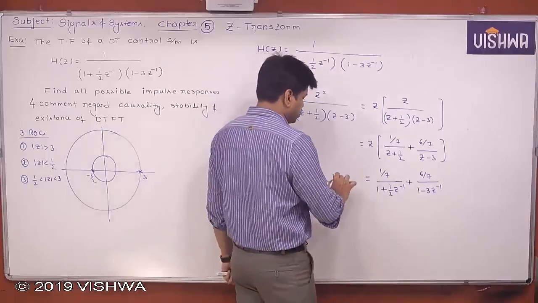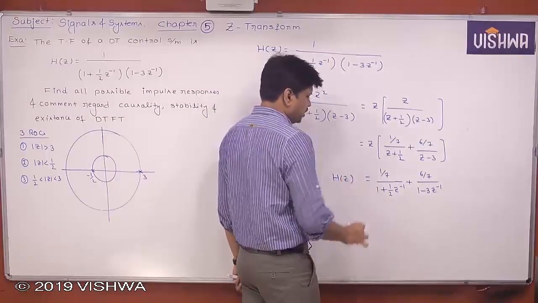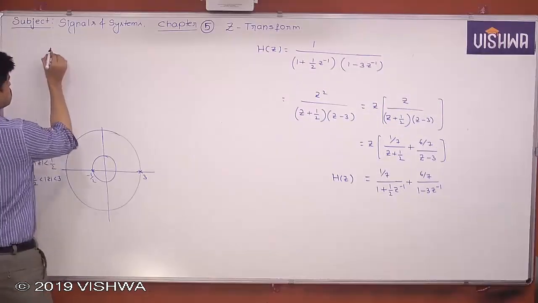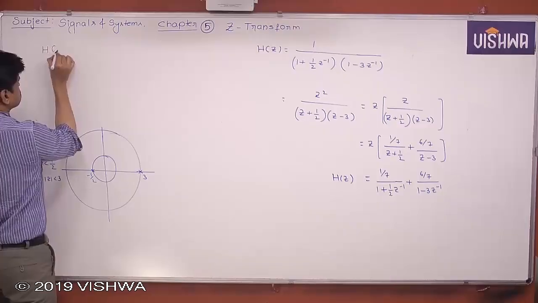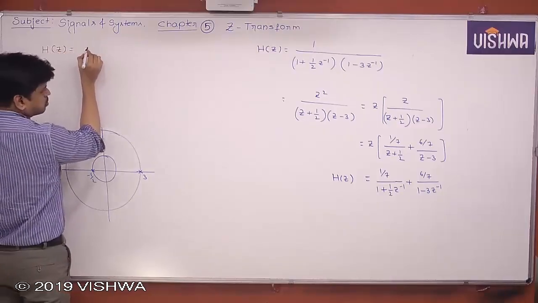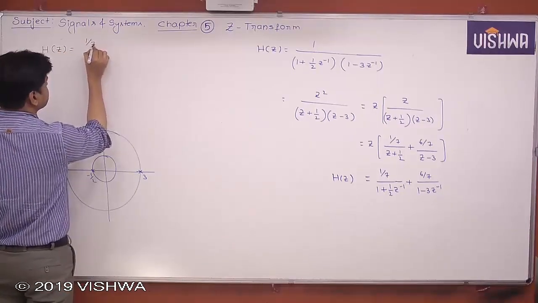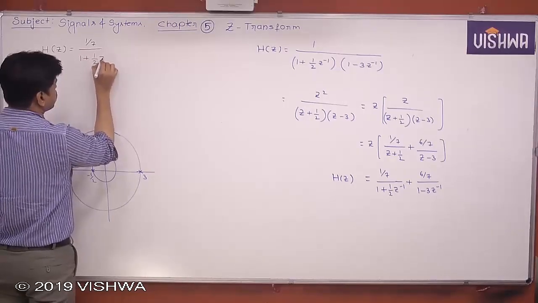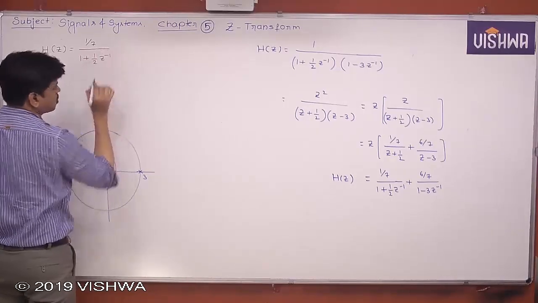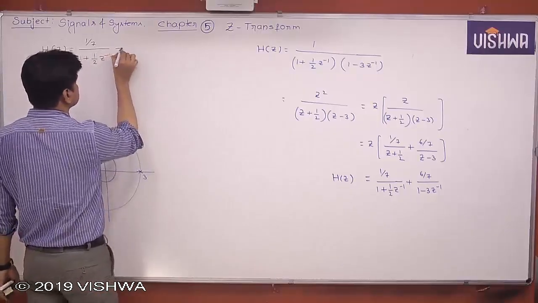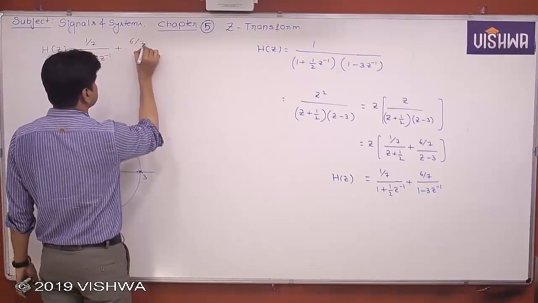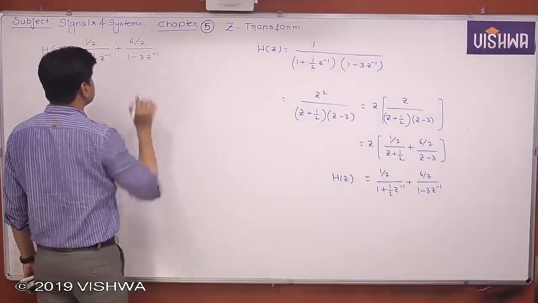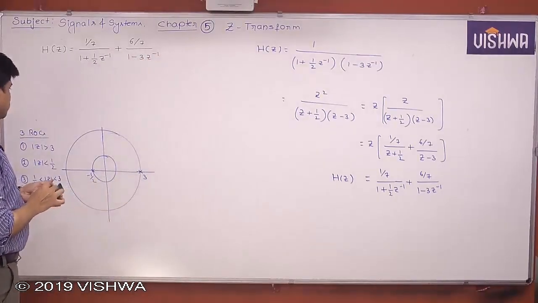First take this one, then we can write the inverse z transform. This is H of z we got after partial fractions.